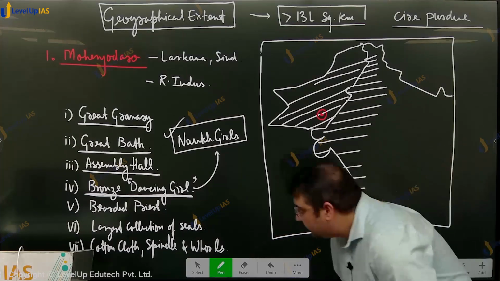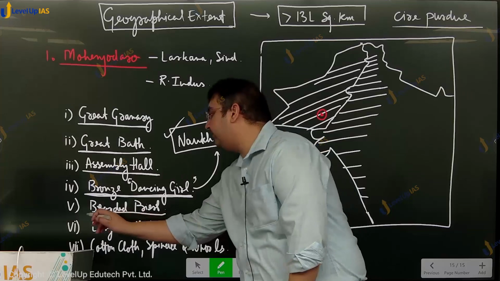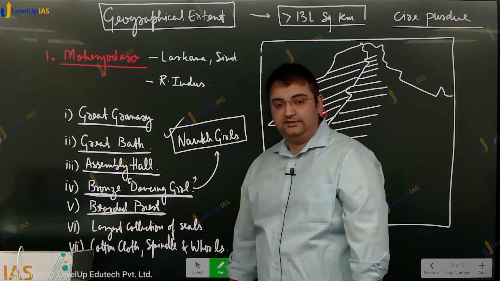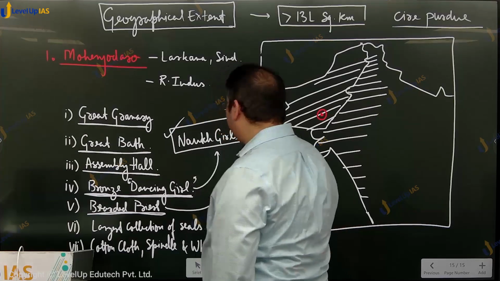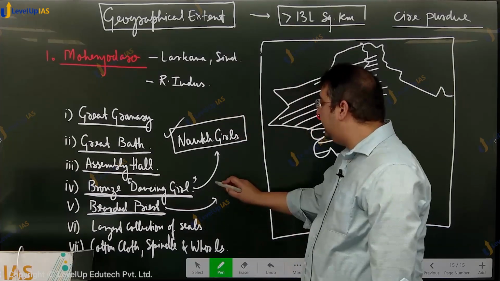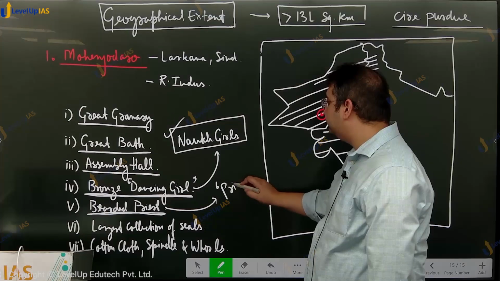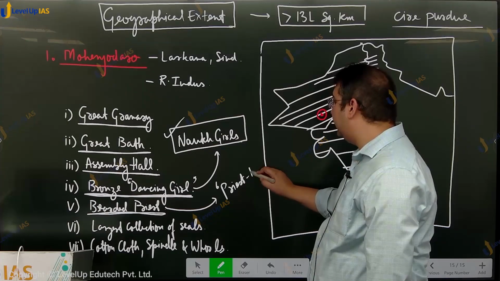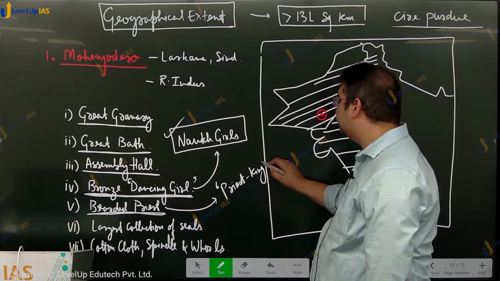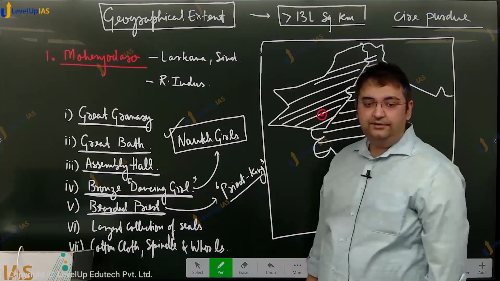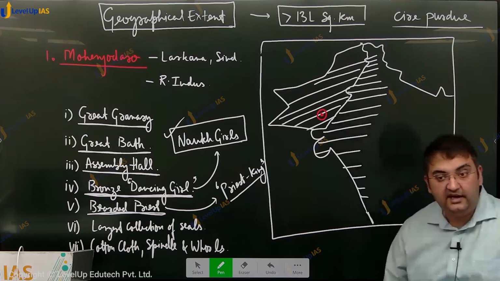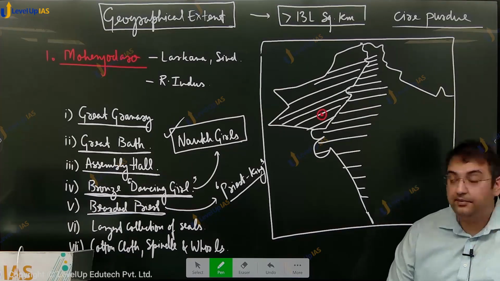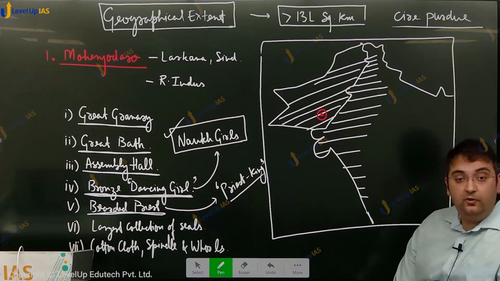Okay? Then we have the stone bust of a bearded priest. When John Marshall first studied it, he called it the priest king. Why priest king? Because of his kingly appearance, he had a very well-groomed beard. He appeared to be somebody of a wealthy background.